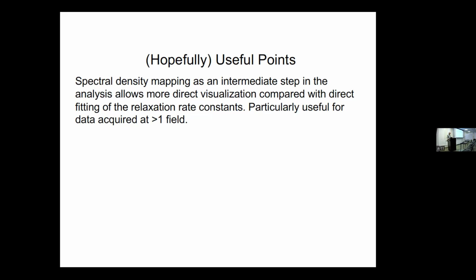But another way of doing this is, if you have enough data, since the relaxation rate constants are all linear combinations of spectral densities, in principle you can invert a linear set of equations and get the spectral densities out, and then fit the spectral densities, and your figure of merit becomes comparison to the spectral densities, not to the original rates. And this is done both ways for nitrogen, depending on what group and what program.